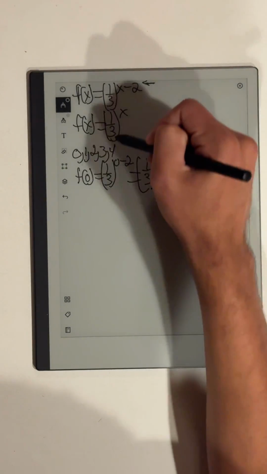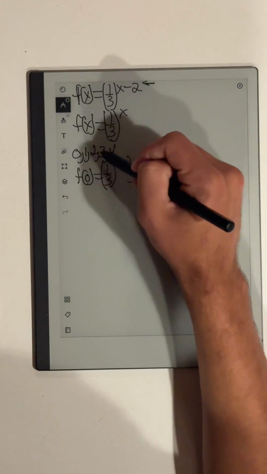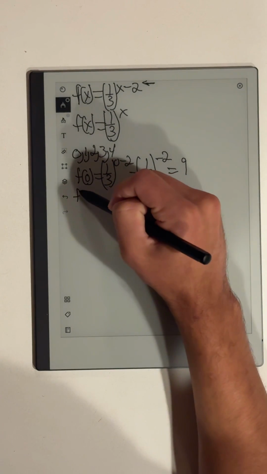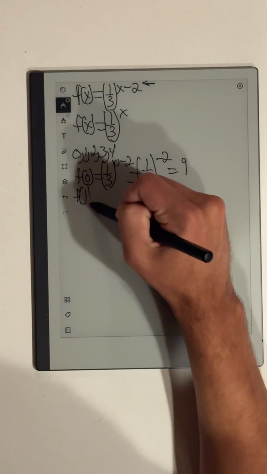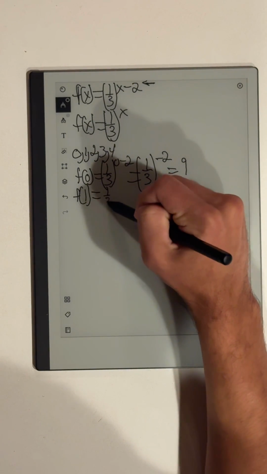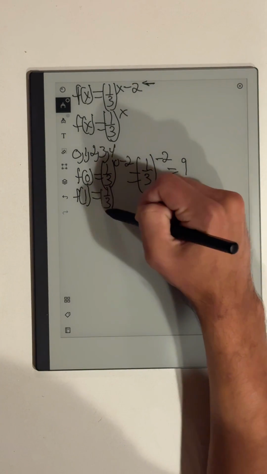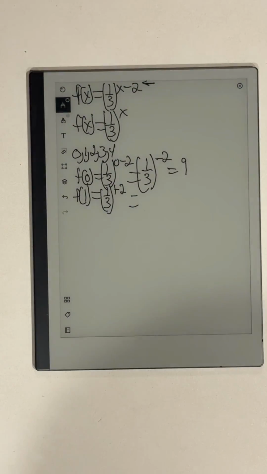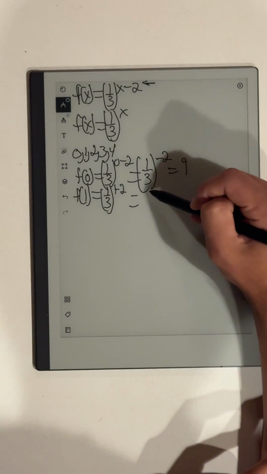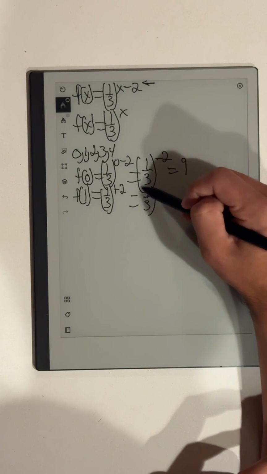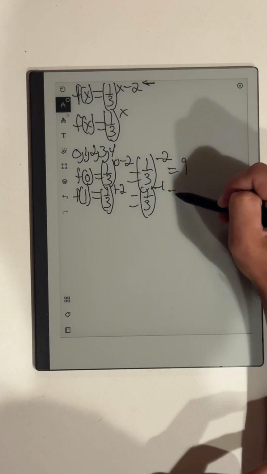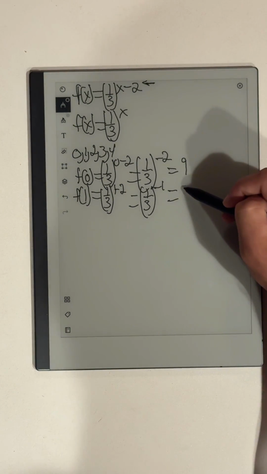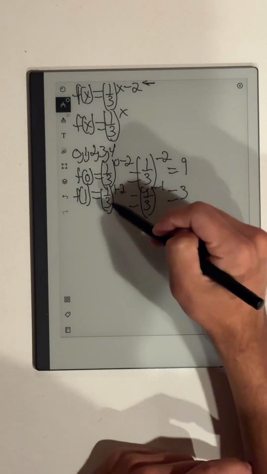So now we're going to keep doing this over and over with these 5 numbers. So we're going to do f of 1 equals (1/3)^(1 minus 2). So that is going to equal -1. So we're going to go (1/3)^(-1). And we know 1/3 to the -1 power is going to be 3.